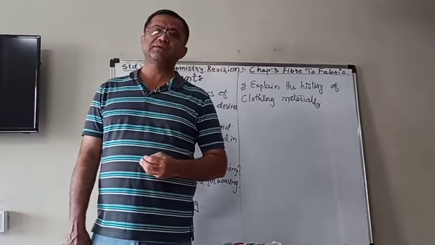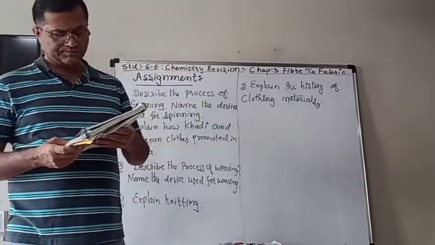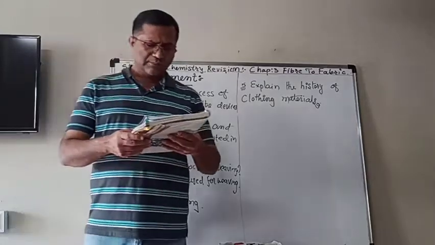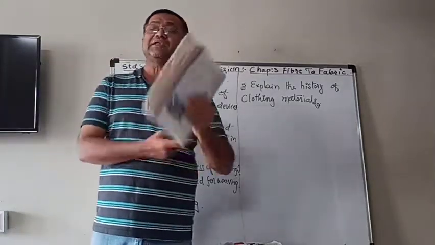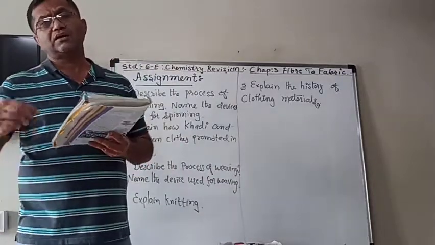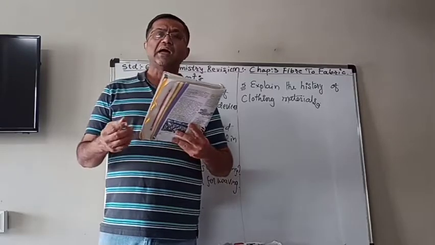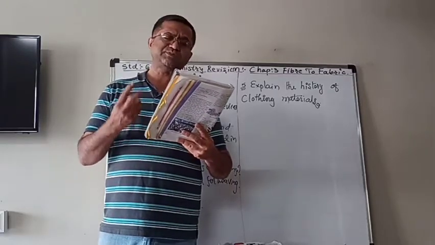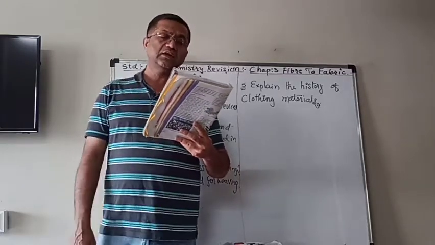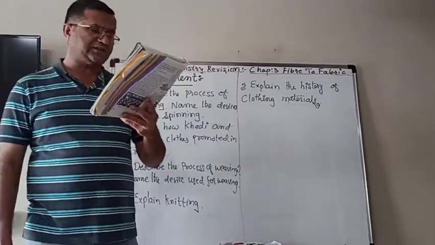And the charkha is associated with the father of our nation, Mahatma Gandhi, because he was regularly using the charkha to make cotton yarn for the handloom, hand spun, homespun yarn, and the cloth made from it is known as khadi.